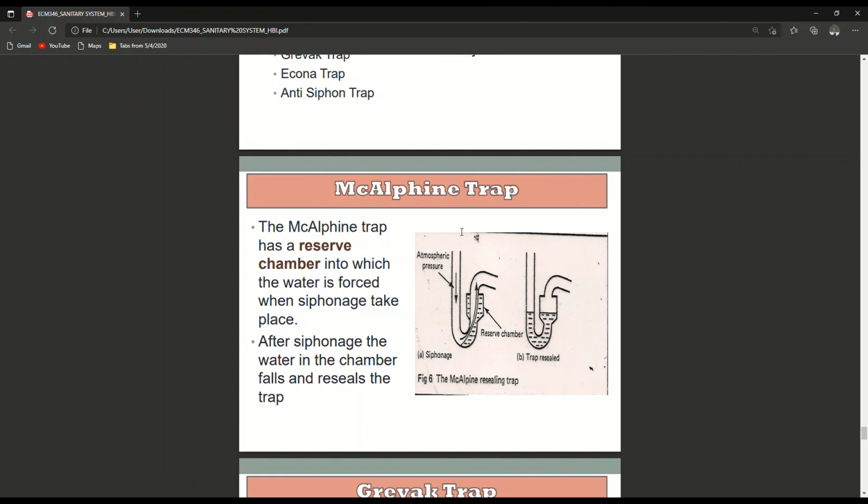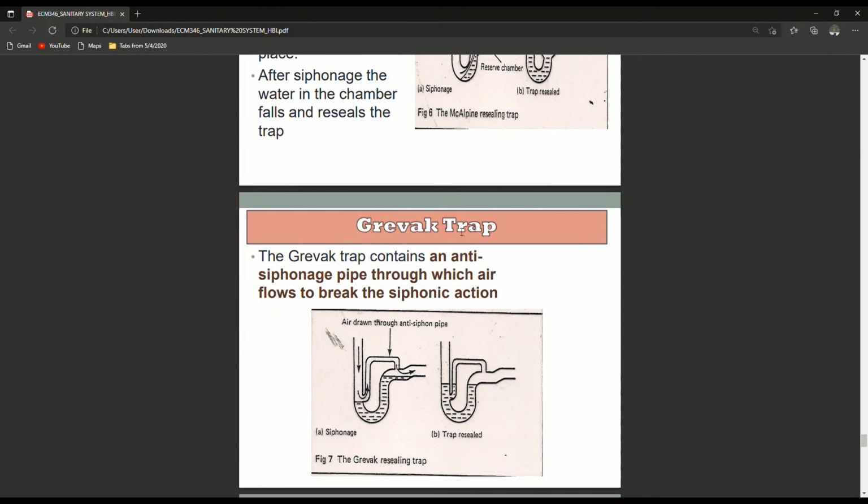McAlpine trap. The McAlpine trap has a reserve chamber into which the water is forced when siphonage takes place. After siphonage, the water in the chamber falls and reseals the trap. Gravatt trap.